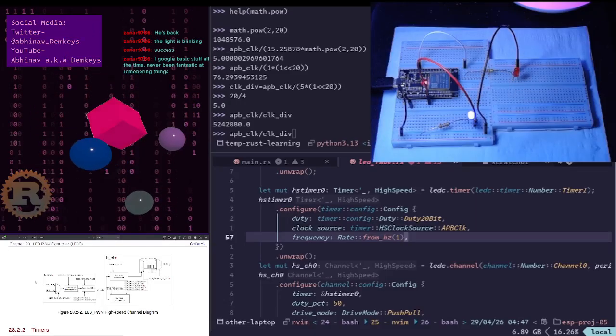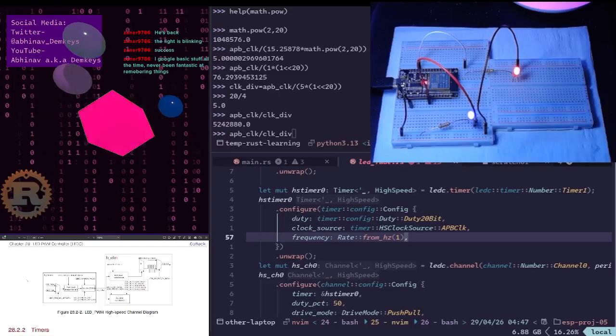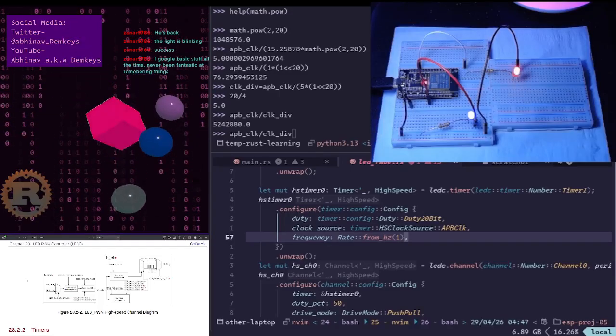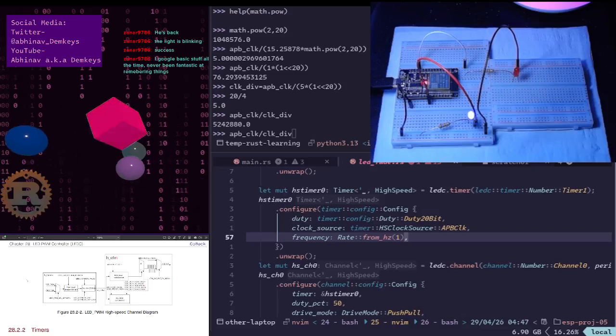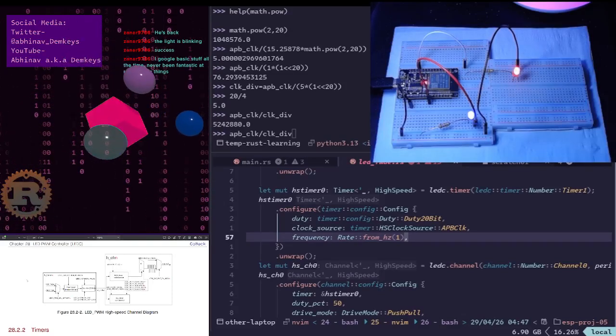Okay, all right. Gemini responded saying it sounds like you're diving deep into the ESP32 technical reference manual, which is the only way to truly master this hardware. You know what? Yeah, I agree.